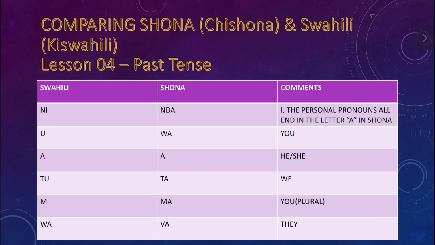A is a in both languages, he or she. Tu is ta in Shona, meaning we. Mu in Swahili is ma in Shona, you plural. Wa is va in Shona, meaning they.